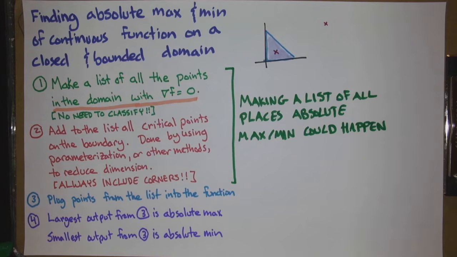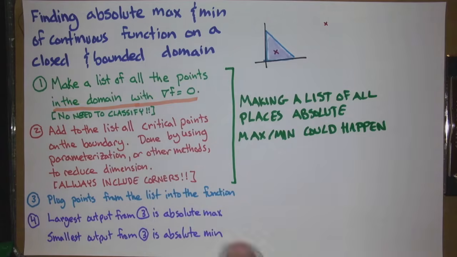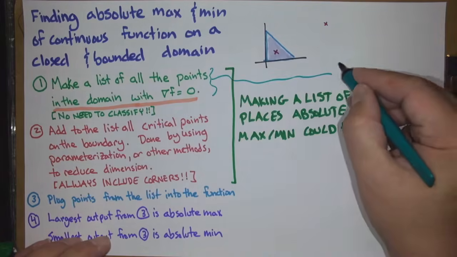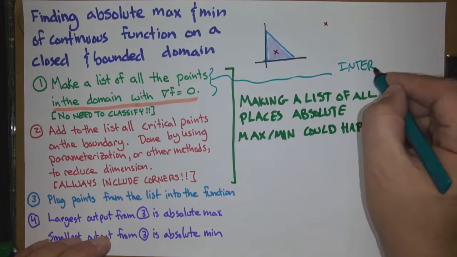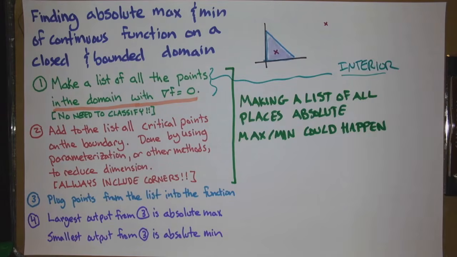We are just in the make a list phase. Okay, so that's the gradient. And essentially, one way to think about what number 1 is, this is going to be our interior points on our list. What are points on the inside of our domain?